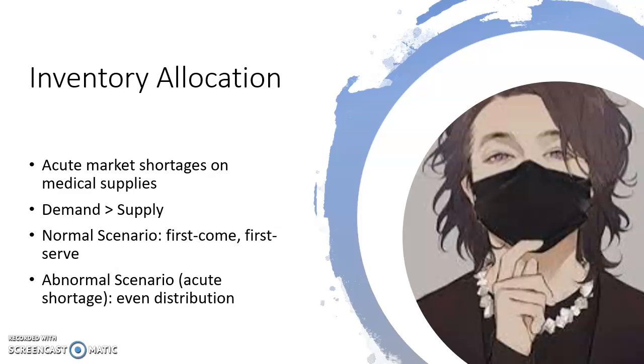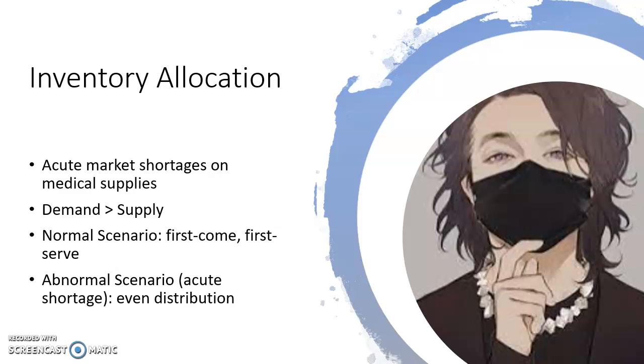We want to make sure that as many customers get the inventory as possible rather than no customers getting the inventory. Let's not forget, it's medical supplies. So in this situation, the strategy is to have the facilities running and having some supply inventory rather than nothing.